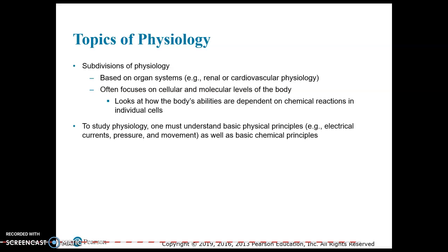For example, when we think about muscle contraction and nerve impulses, those reactions happen within muscle cells and nerve cells, and they are chemical and electrical in function. So you have to learn about the molecules that are at work, the ions that are at work, and how they bring about a muscle contraction. So that would be physiology.